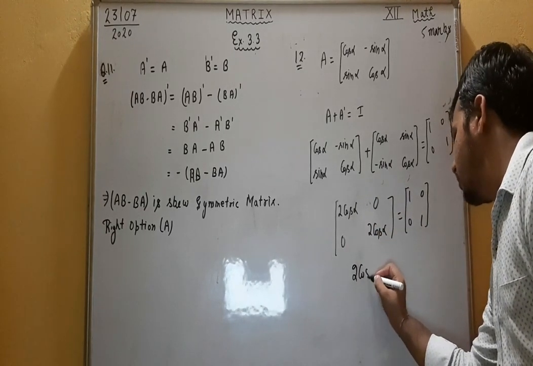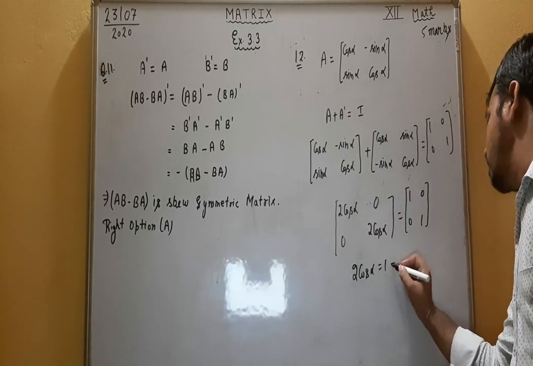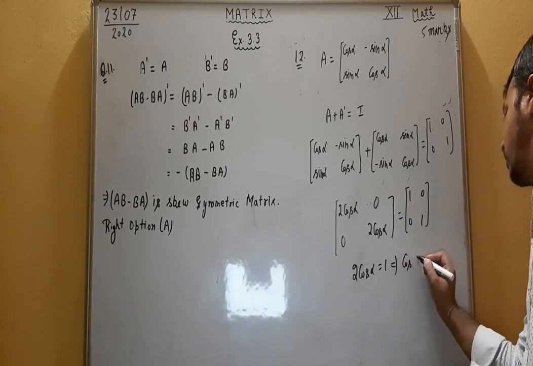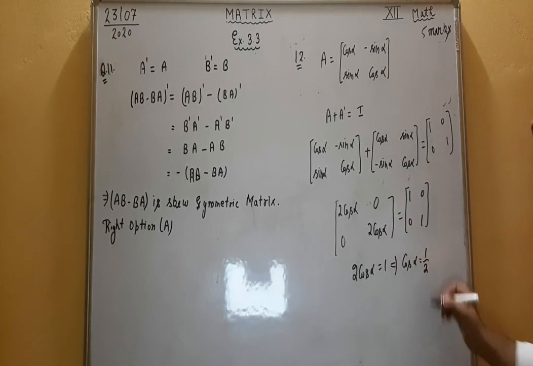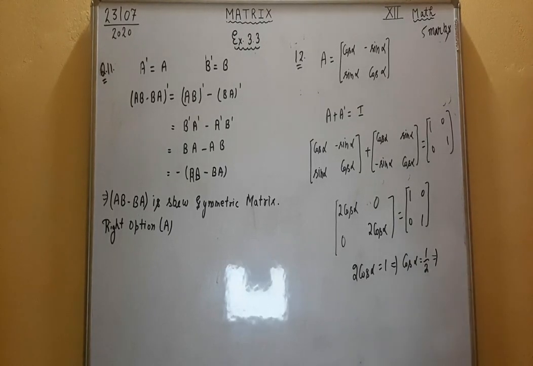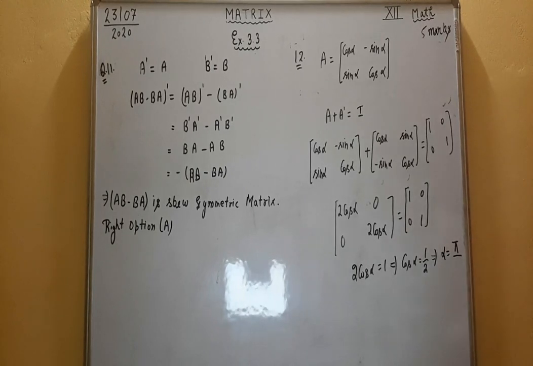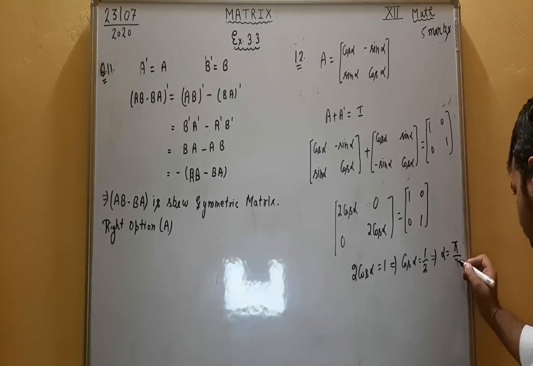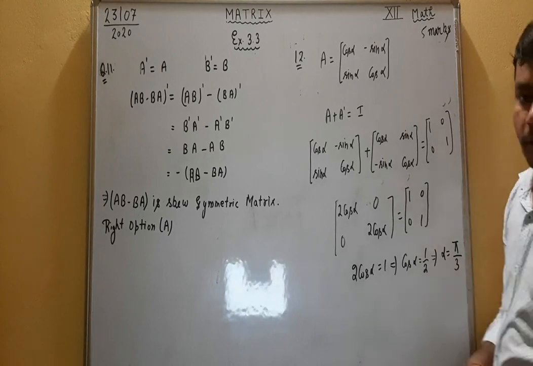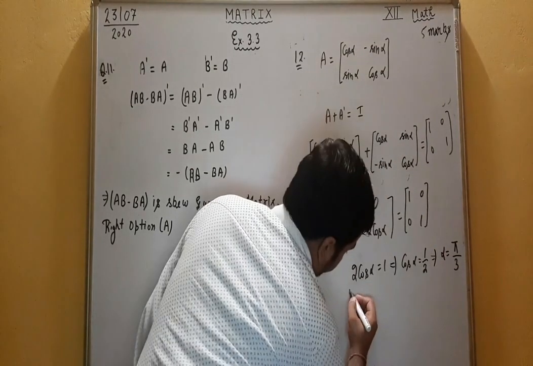So 2 cos alpha is equal to 1. This implies that cos alpha is equal to 1 by 2. And what is the angle alpha when the cosine of that angle is 1 by 2? Alpha is pi upon 3. Right? Your right option is option B.